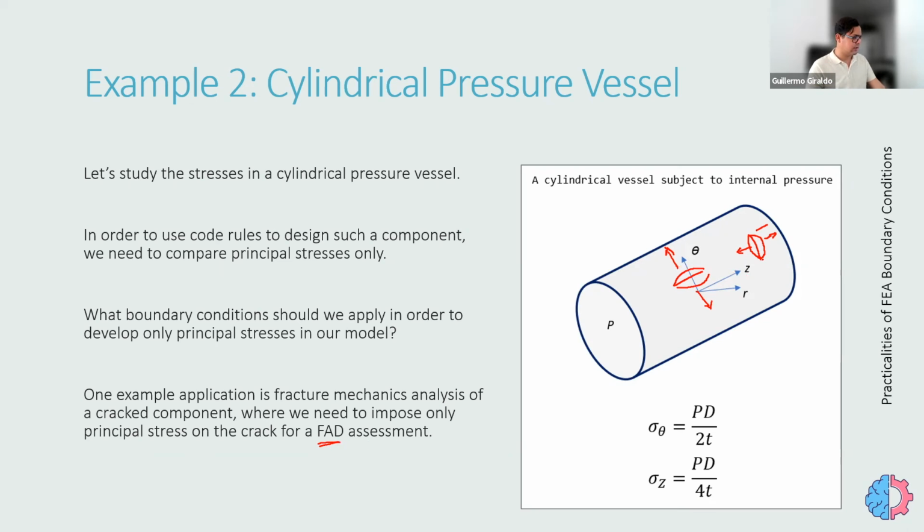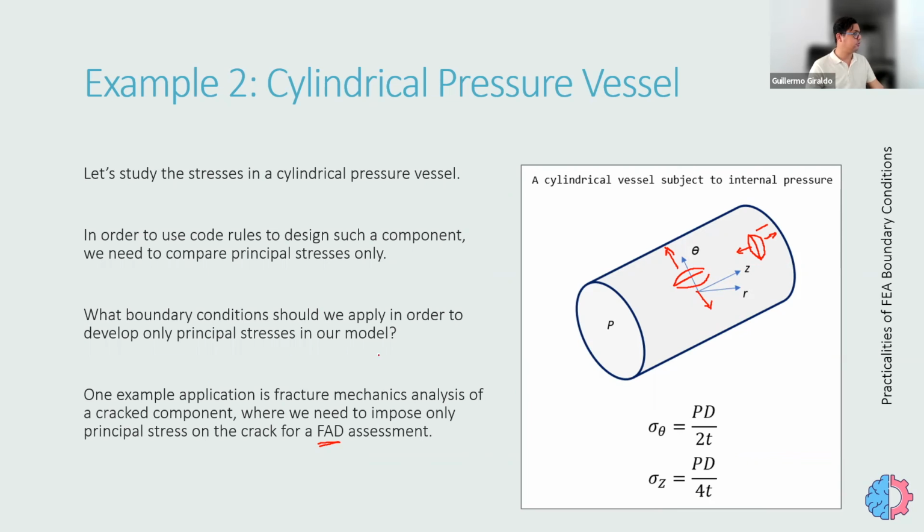So this is an example application on why it's important to think about the effects that this boundary condition will have on my system. It's a little bit of an advanced example, but I think that it's very clear and that it illustrates very well that we need to really take care about our loads and our boundary conditions when planning our model, and what we need to achieve and what we need to include to get to the results.